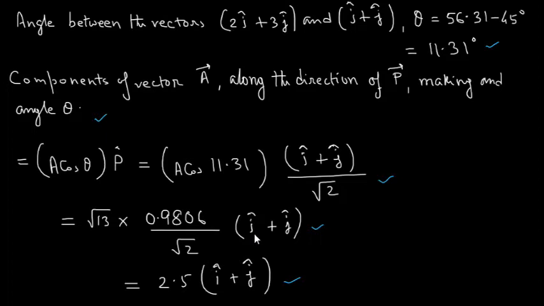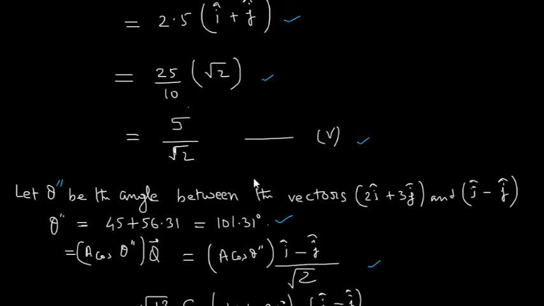Component of vector a along the direction of p making an angle theta is equal to a cos theta p, that is equal to a cos 11.31 times (i plus j) upon root 2, which is equal to root 13 times 0.9806 upon root 2 (i plus j), that is equal to 2.5 (i plus j), which is equal to 5 upon 2 root 2 (i plus j).